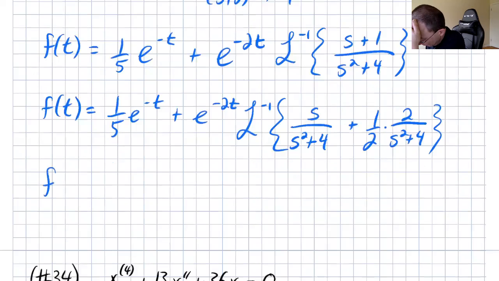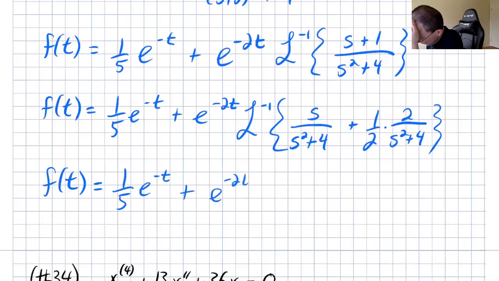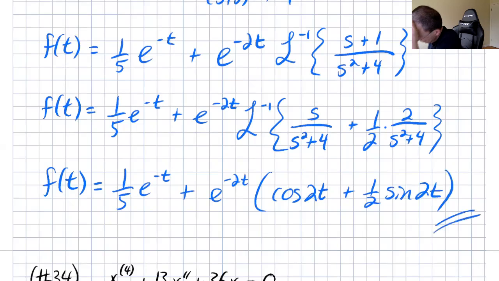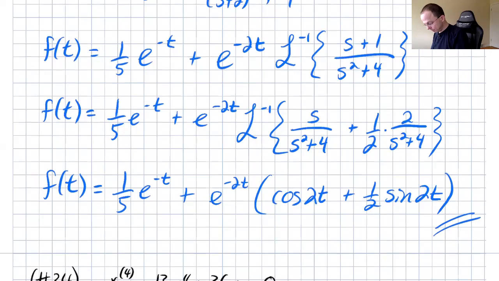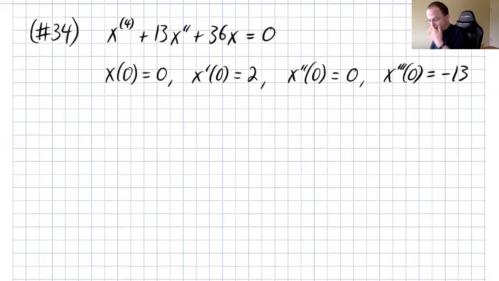So now we get our final answer, 1 over 5 e to the minus t plus e to the negative 2t times cosine 2t plus 1/2 sine 2t. Okay. All right.